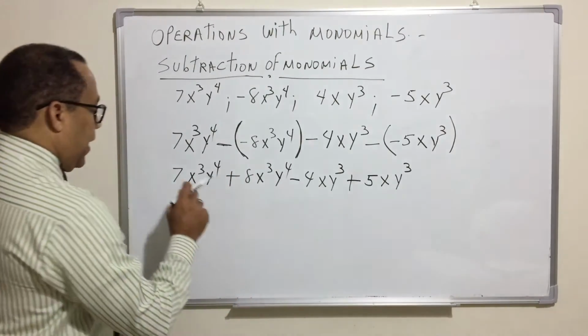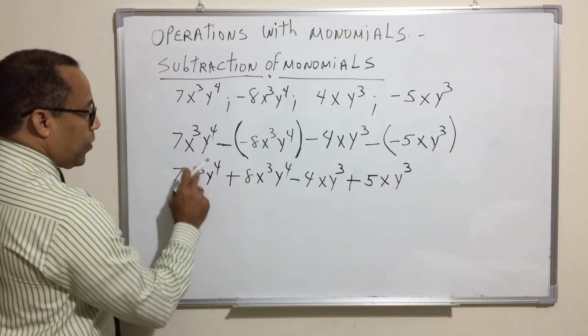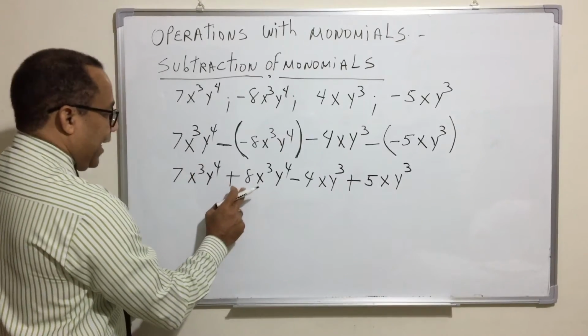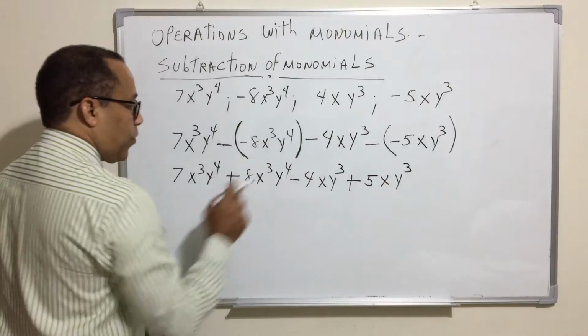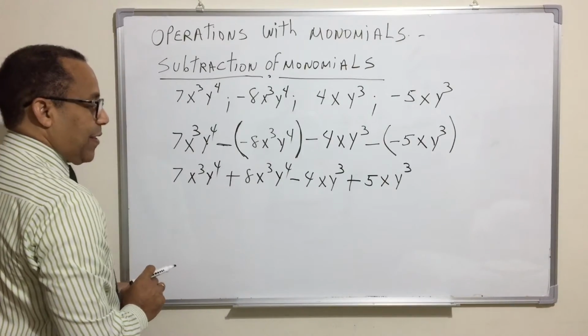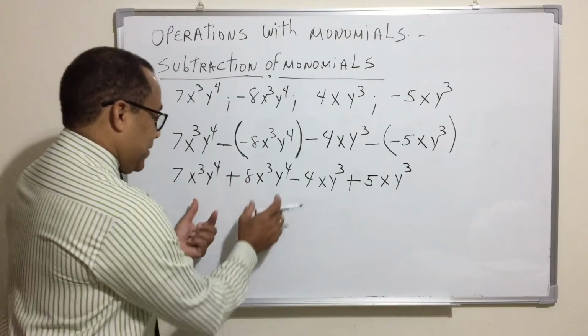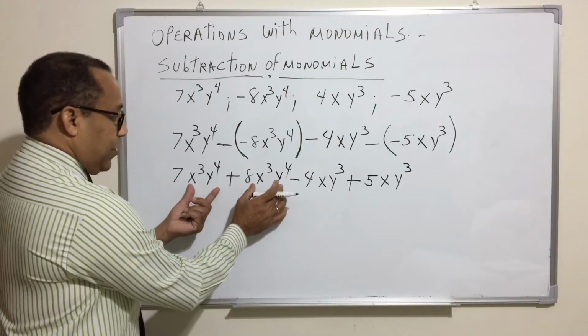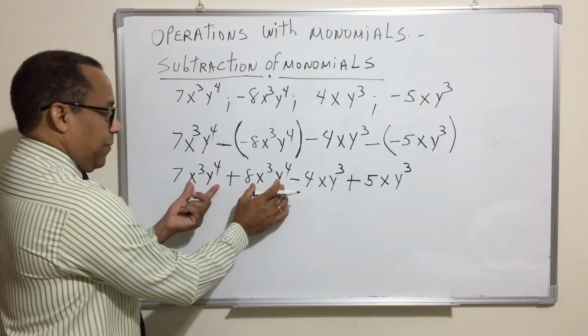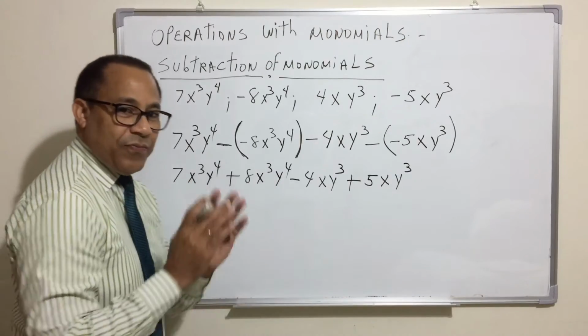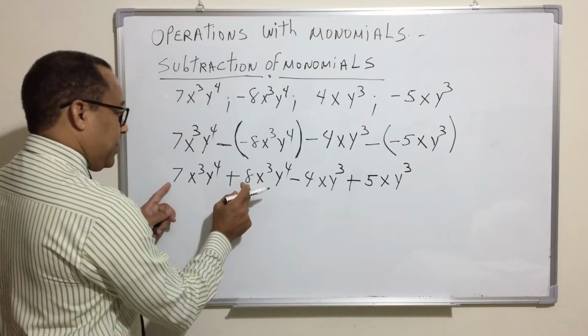So I'm adding 7x to the third y to the fourth plus 8x to the third y to the fourth. Like I said before, if they are like terms, it's because all the letters and exponents are the same. So you just concentrate on the coefficients.